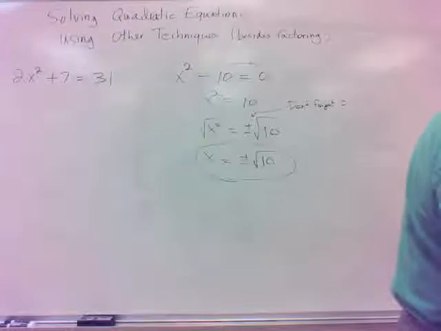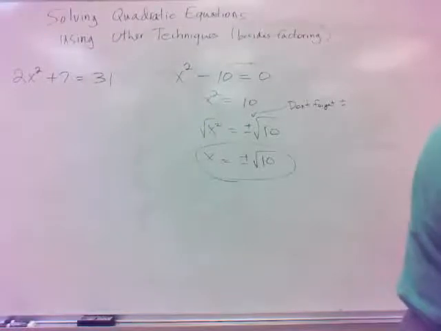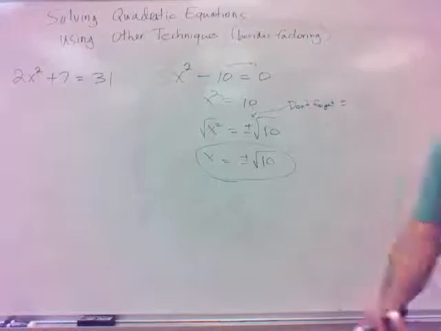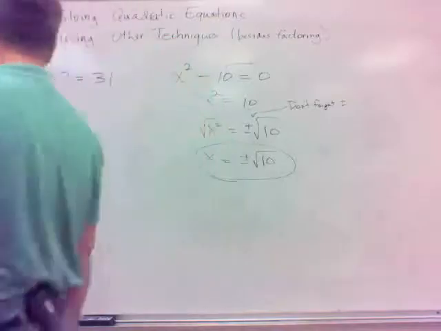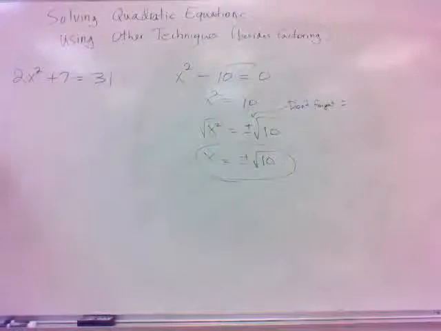But why couldn't I just use factoring, do you think? Well, I don't think it factors, does it? For one thing. But the other thing is, this one's a candidate for the square root method because I can get x squared by itself, can't I?